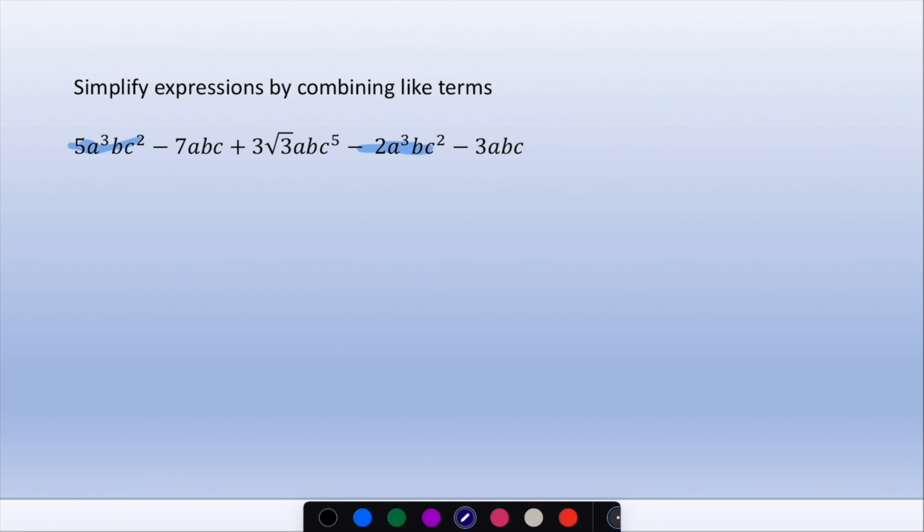So when you're combining like terms, you're just going to keep the variable piece of it, and you're going to add or subtract or combine the coefficient portion. So this is really, I've got 5 of these things minus 2 of these things. I have 3 of those a cubed bc squared.